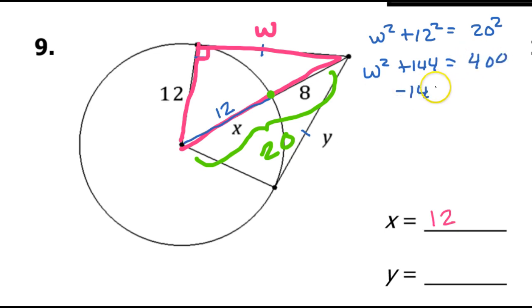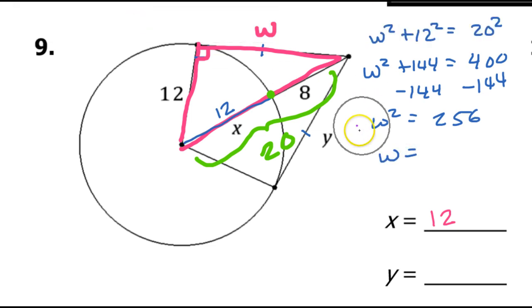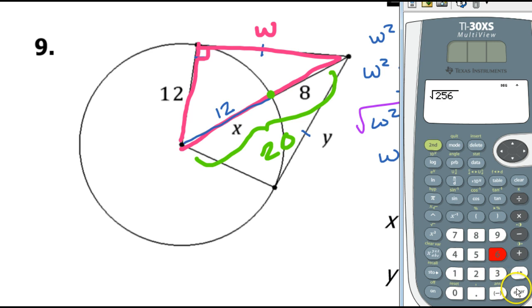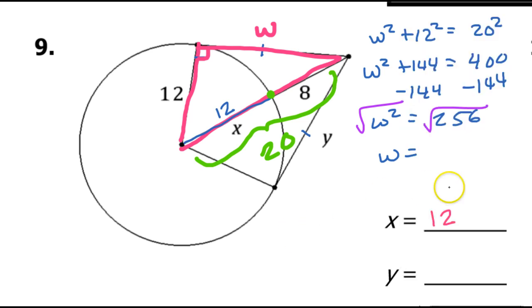Subtract 144 from both sides, okay, and you're going to get W squared is equal to 256. Then you would have to take the square root of both sides. So that is 16. So W is 16 up here.